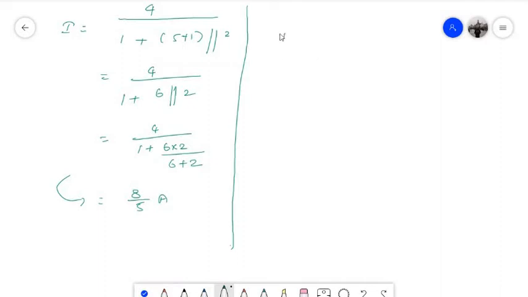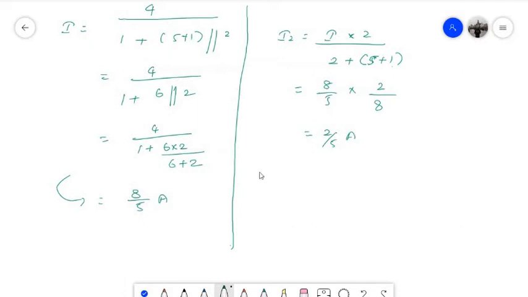I2 will be the total current I into the other branch resistance, that is 2 ohm, divided by the total resistance, that is 2 plus the same branch resistance, which will be 5 plus 1. So the 5 ohm resistance and the 1 ohm resistance. So ultimately you get 8 by 5 into 2 by 8. So you have 2 by 5 ampere.